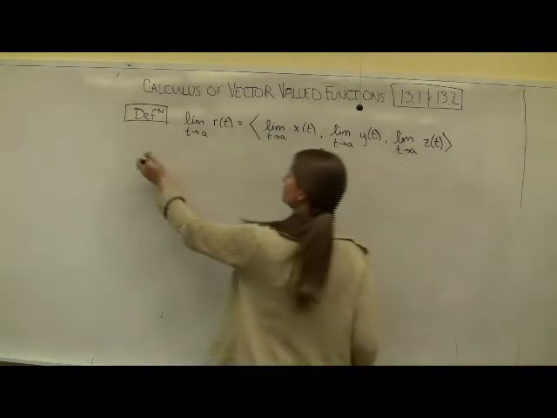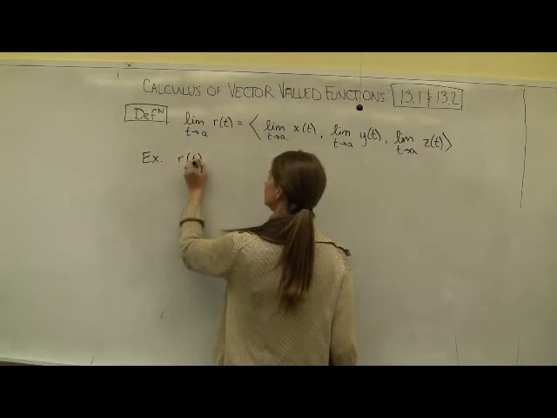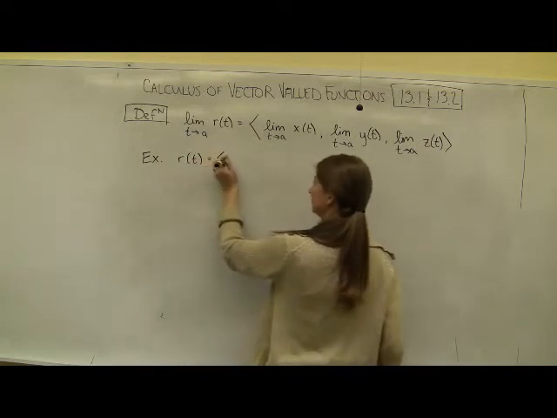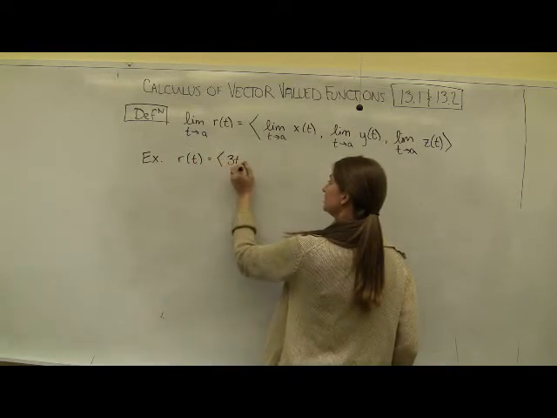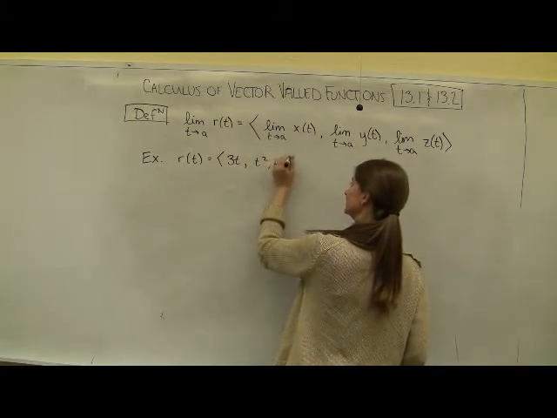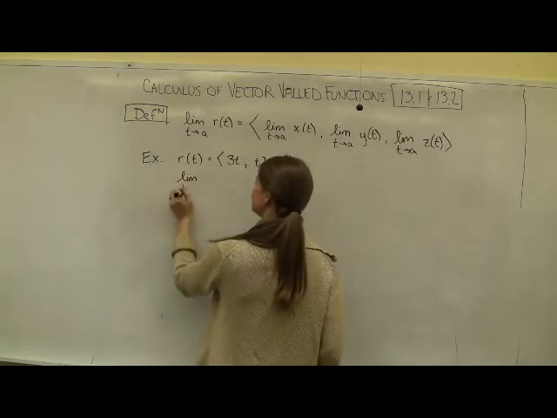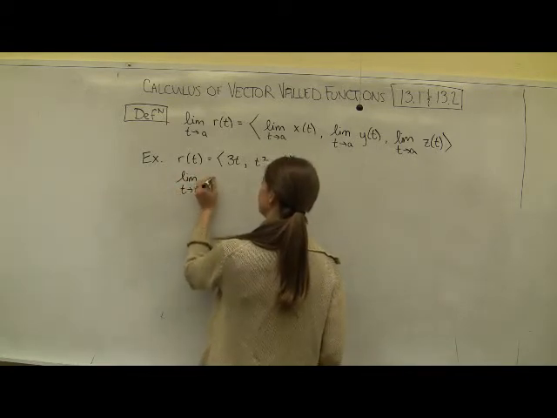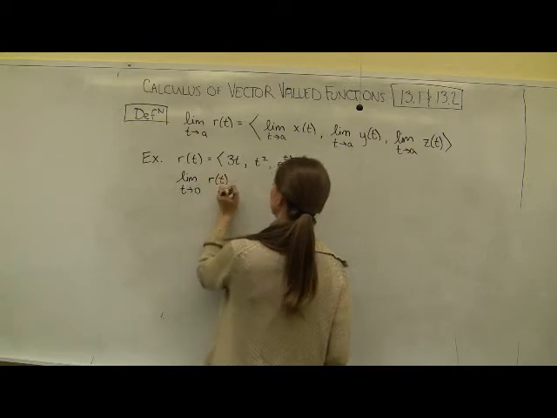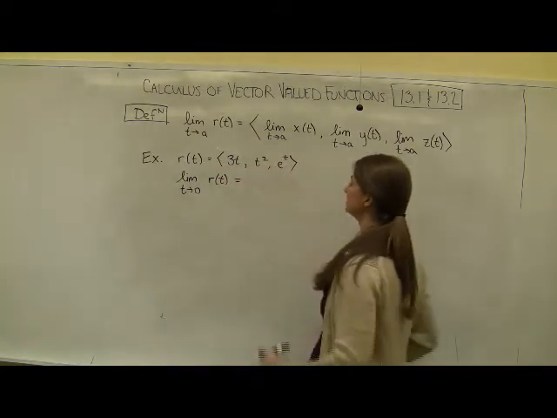So, for example, if I have some vector-valued function r of t, which is equal to maybe 3t comma t squared comma e to the t, and I want to know what's the limit as t approaches 0 for my vector-valued function r of t. That's going to be the limit of each of these components individually.